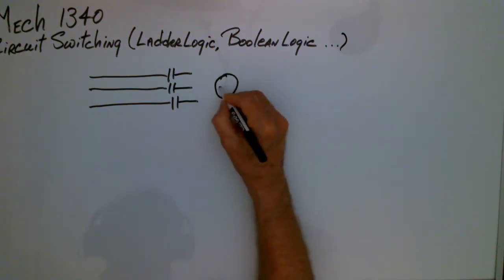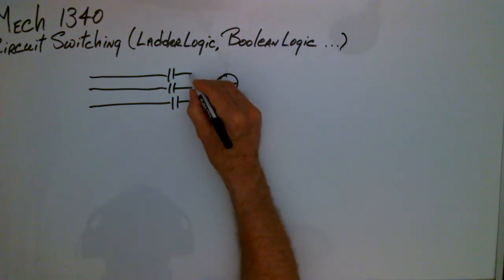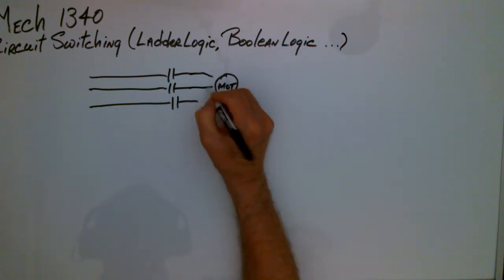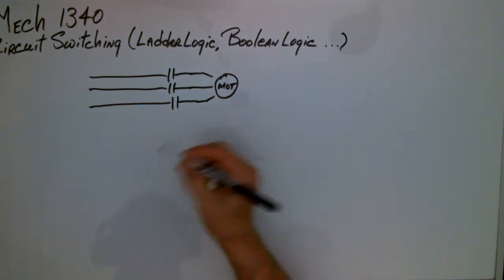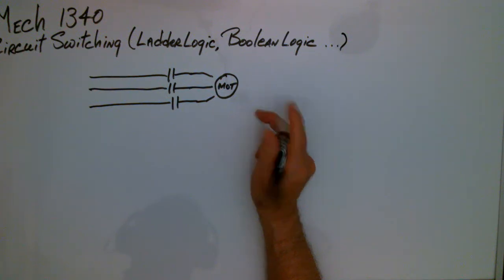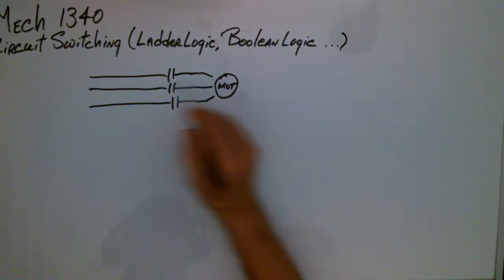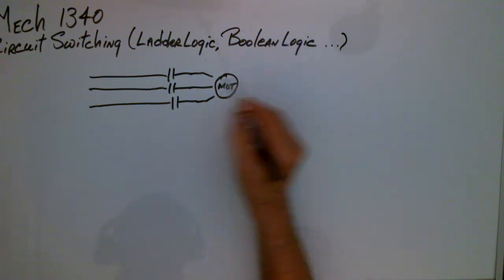That goes to a motor. Right? Okay. And we have to have a control circuit. The control circuit is what switching logic is about, ladder logic is about, Boolean logic is about.